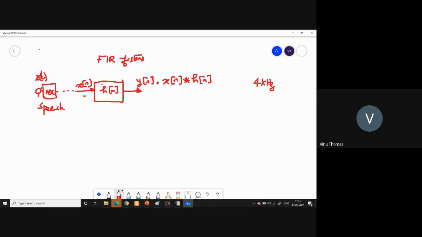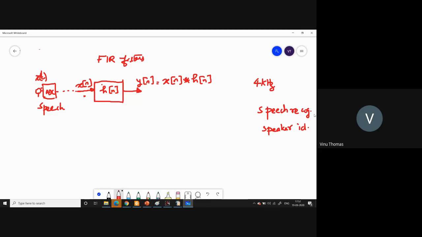So there are two problems here. I'm slightly deviating from the concept, but I will just mention this here. There are two speech processing problems. One you call speech recognition, and the second you call speaker identification. Can you appreciate the difference between these two operations?